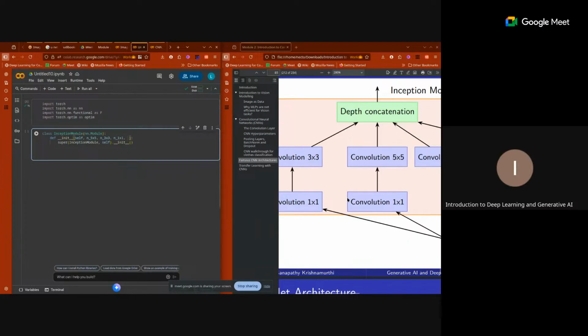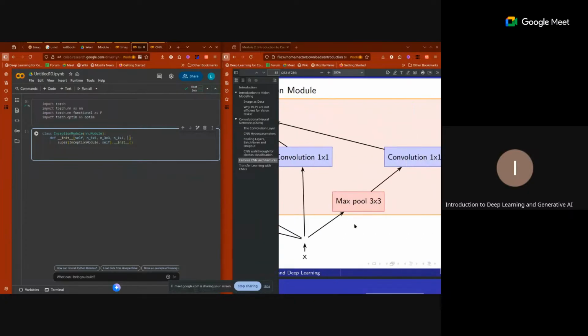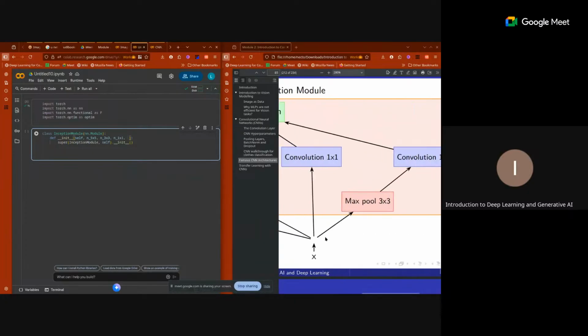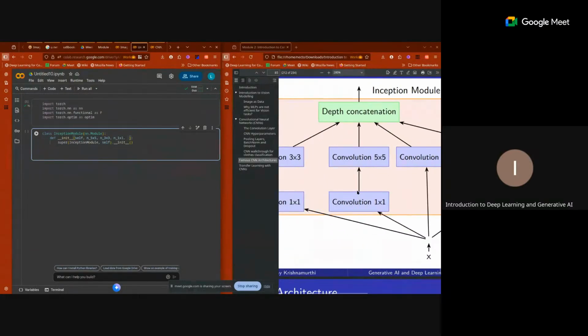We can use the same number of filters in this and this also. All of this will be the same, and the number of filters over here and the number of filters over here will be the same. We are going by that idea.